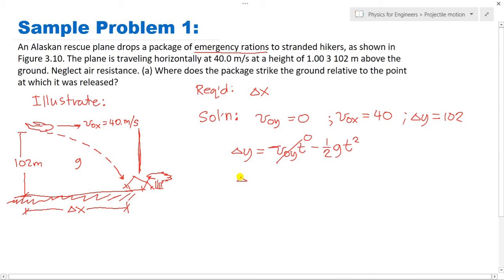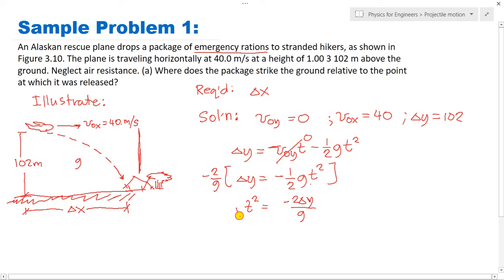Therefore what's left is delta y is equals to negative 1/2 of g times t squared. So I multiply both sides by negative 2 over g. So what's left on the right side is just the time na lang talaga. So we write here t squared is equals to negative 2 delta y over g.